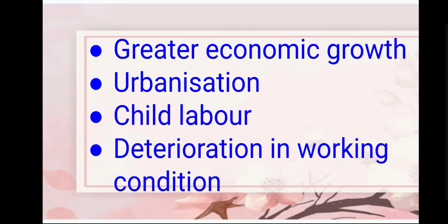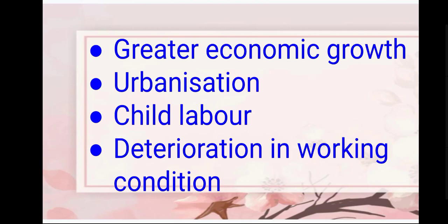That is known as urbanization. The Industrial Revolution had a negative impact on society as well. For example, the rise in the number of children working in factories and long working hours, that is known as child labor.